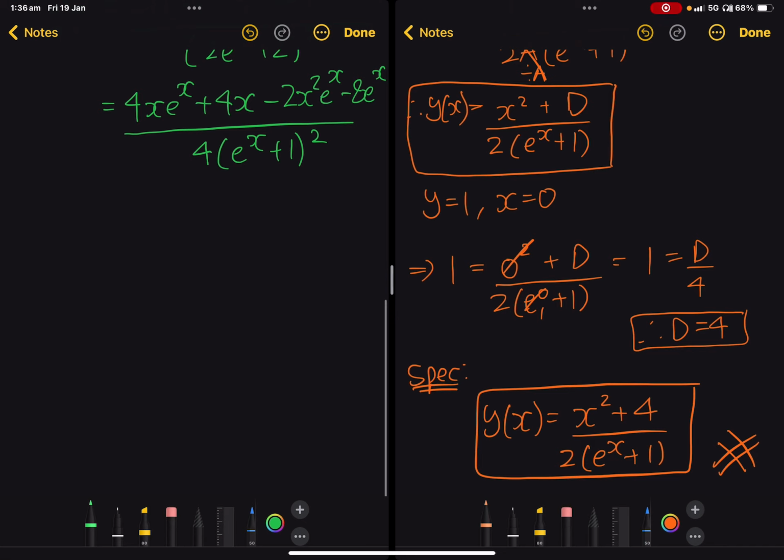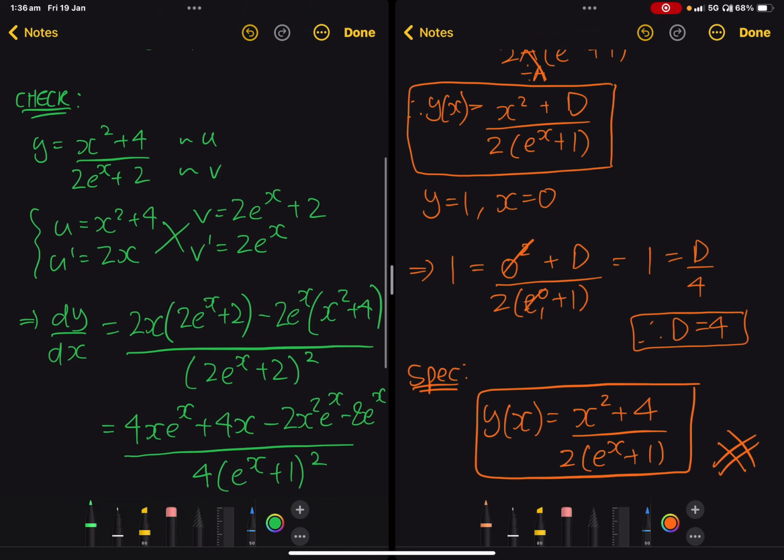So we have the derivative, which is (4x e^x + 4x - 2x^2 e^x - 8 e^x) all over 4 times (e^x + 1) all squared.